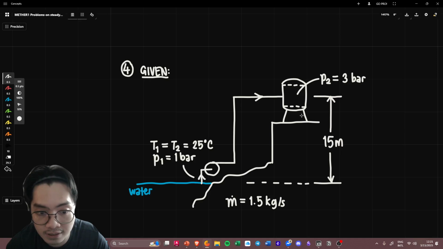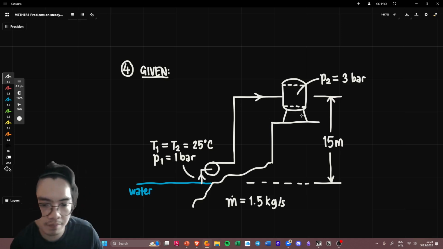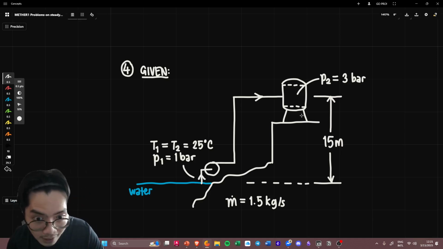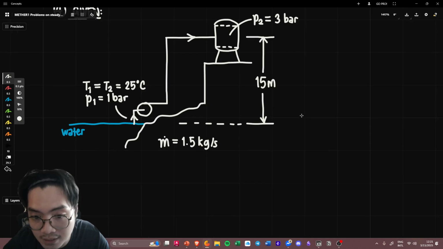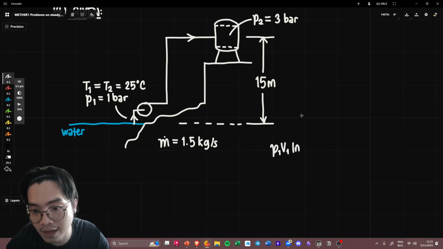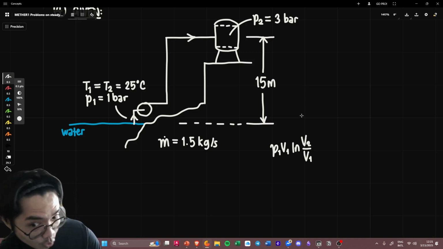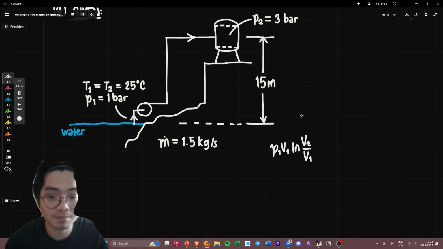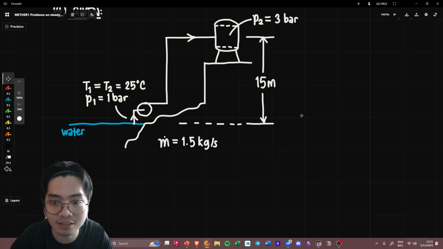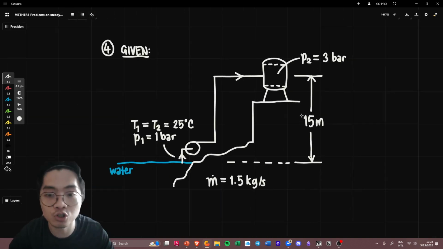Now, if you see that, you might be tempted to say, oh, that's an isothermal compression that's happening. And you might be tempted to bust out P1 V1 ln V2 over V1. But pumps are supposed to be isentropic. They are just saying that the water remains water.